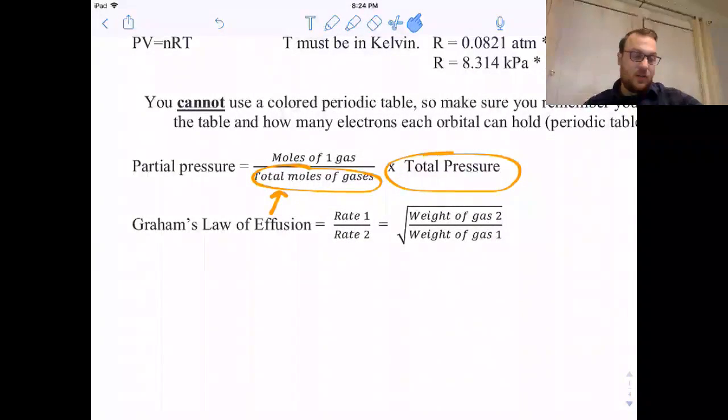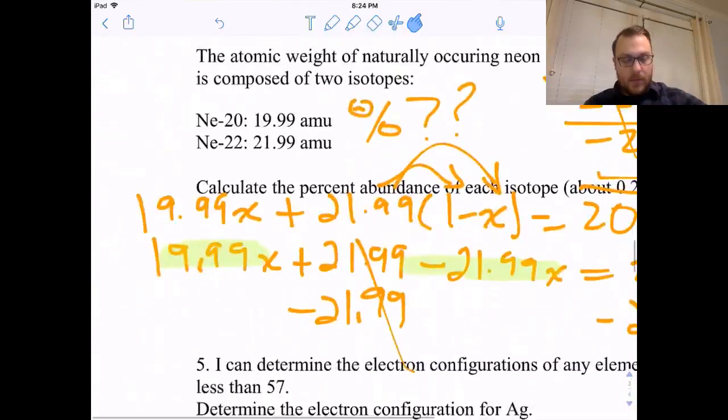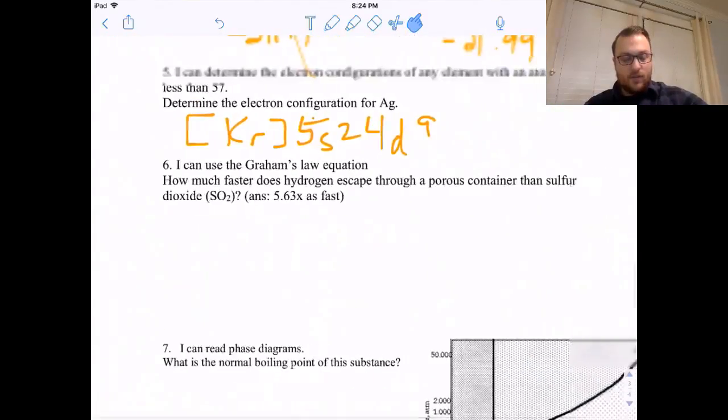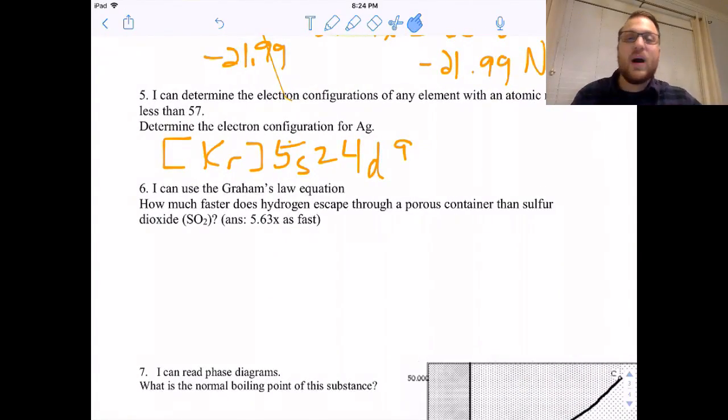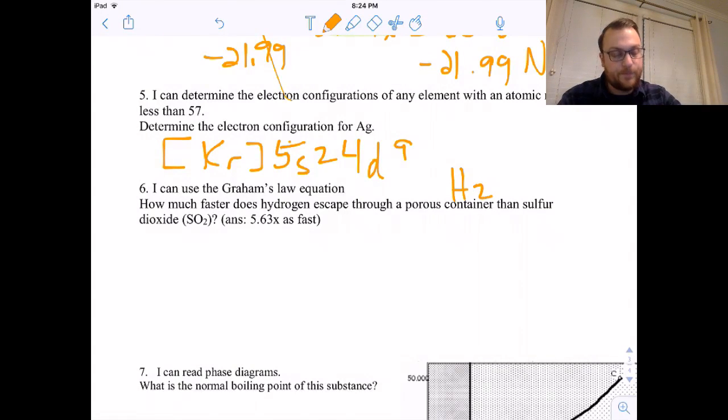Based on the question, since you're comparing something to hydrogen, and again, I used H2 here, I think it's easier that you always put the lighter gas in the numerator on the left-hand side of your equation. So I would be comparing hydrogen to SO2 and then square root it.